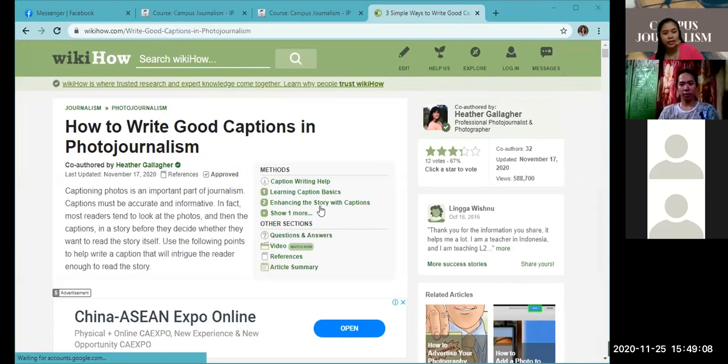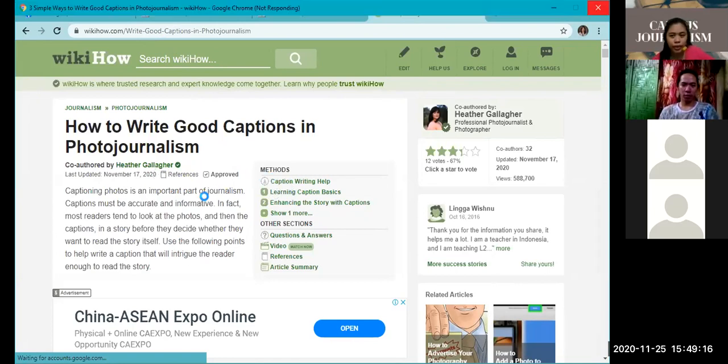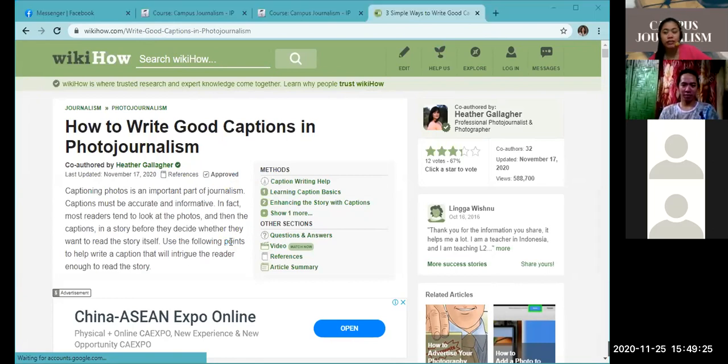All right, so there are three things that might help you write a good caption in photojournalism. Anyways, these tips are very simple, in a way that they also have illustrations on how to do things.